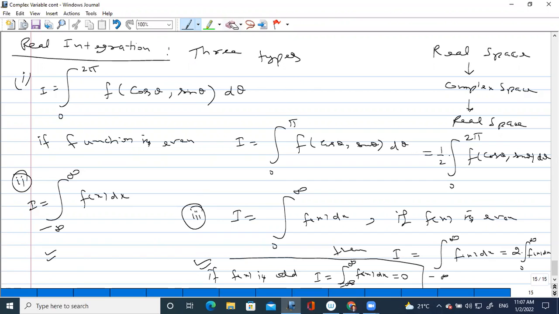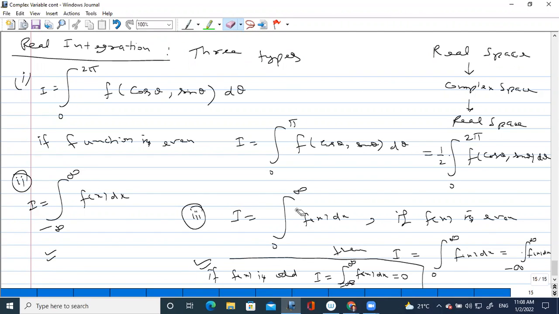Or you can say it like this: if f(x) is even, then 0 to infinity will be converted to half of minus infinity to infinity, because we will develop a formula which will work on minus infinity to infinity.